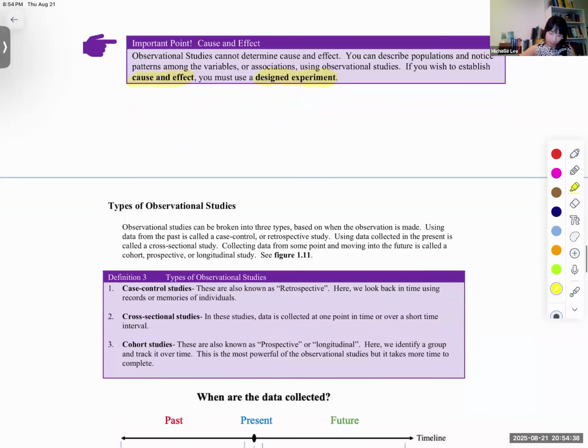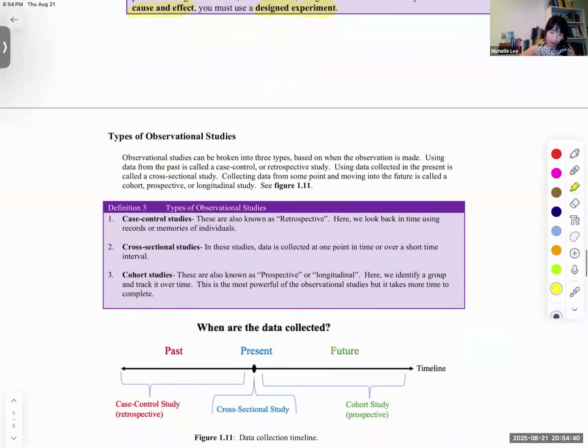So we have case control study. So case control studies, well known, retrospective. So retro means like going back, right?